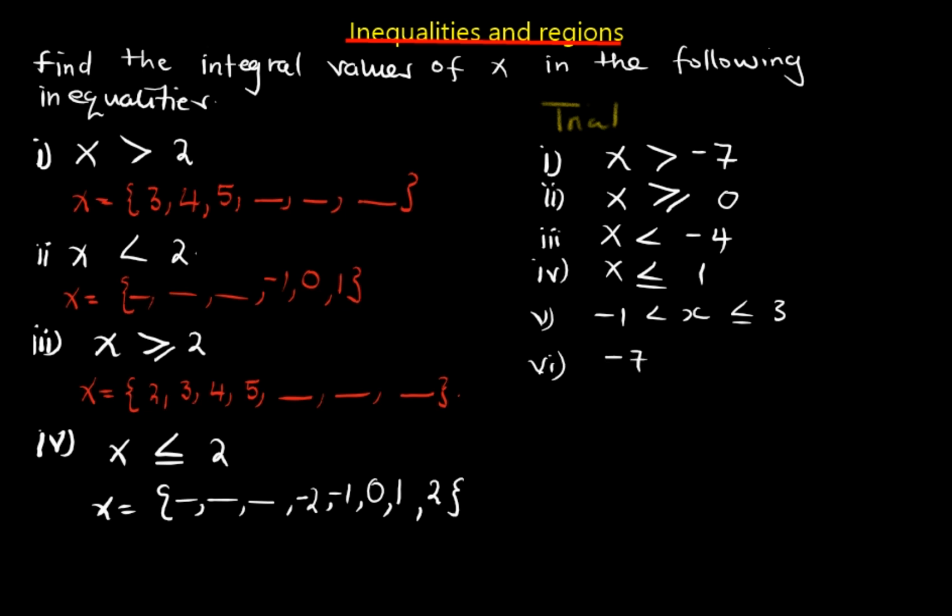Negative 7 is less than or equal to x, but x is as well less than 4. Roman numeral 7. Negative 6 is less than or equal to x, but x itself is less than or equal to 5.